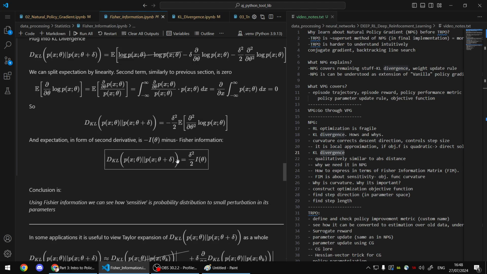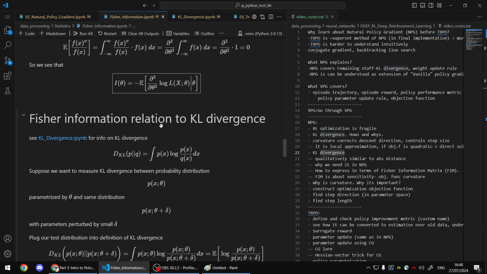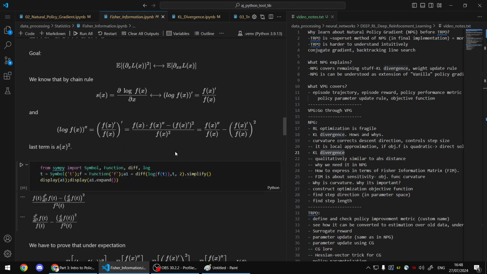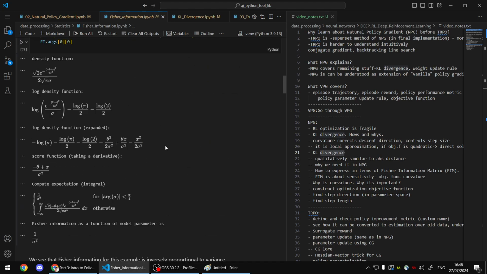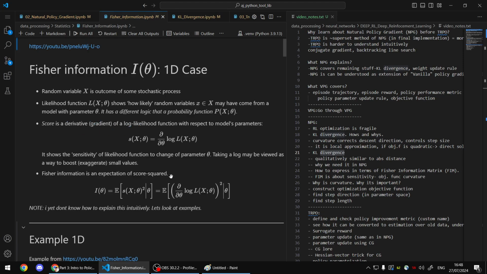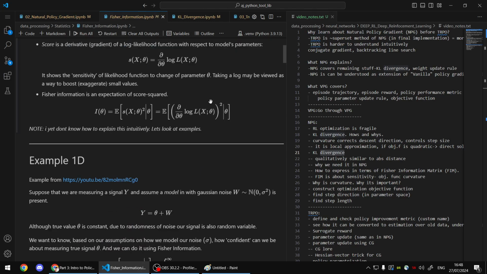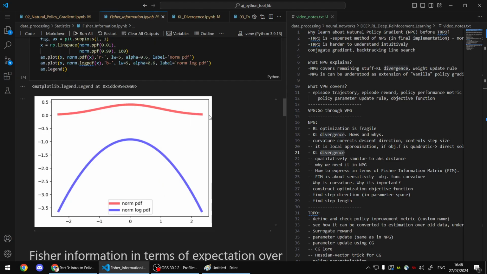So maybe KL divergence is hard to calculate, but let's look at the original definition. We can just reuse our gradients of log probability, just square them and such.